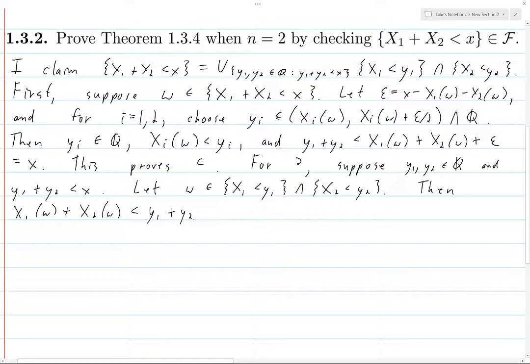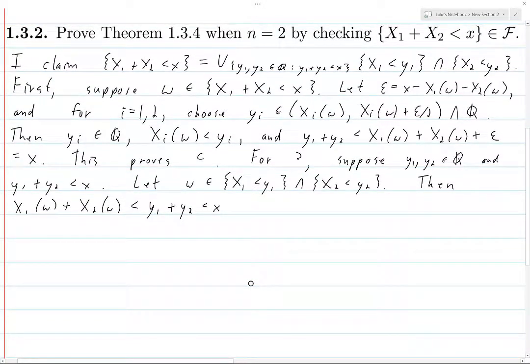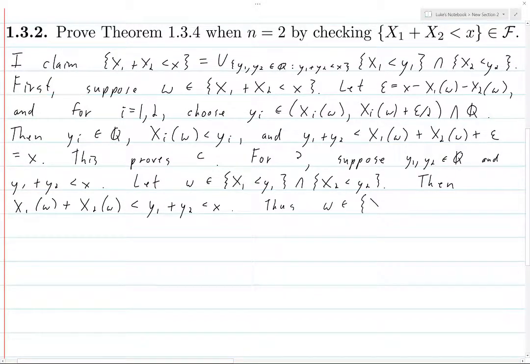So this sum is less than y1 plus y2, but by assumption, this is less than x. Thus omega satisfies x1 plus x2 strictly less than x. This proves this containment, and hence equality holds for these two sets.